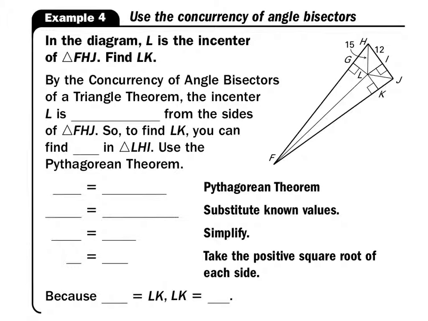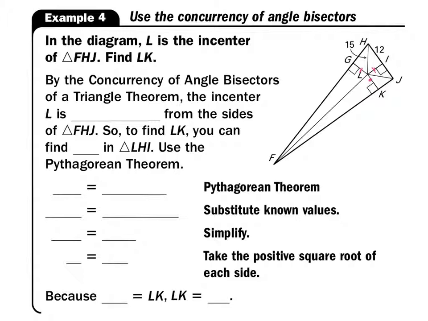Okay, in the diagram, L is the incenter of triangle FHJ. Now, what does that mean? The incenter is an equal length to the sides. So this little line and this little line will be the same.